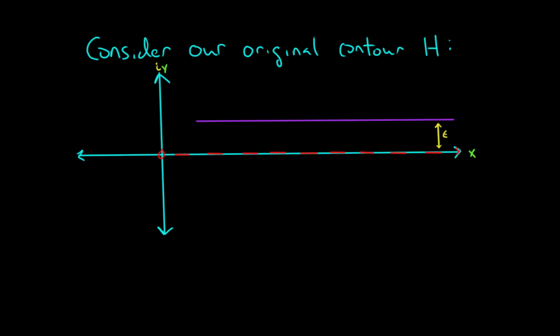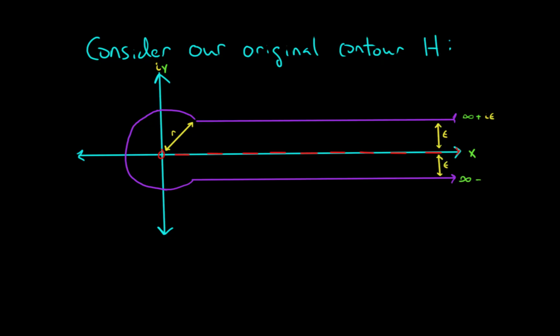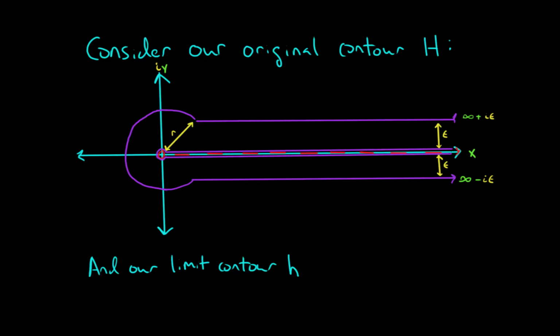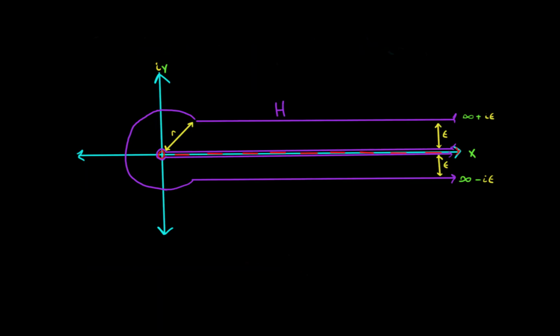We start out at the point infinity plus i times epsilon, and we move in towards the origin until we get some distance r away from the origin. Then we circle the origin in the counterclockwise direction, and then we go back out towards the point infinity minus i times epsilon. That's our Hankel contour. Okay? And now we can draw our limit contour as we allow epsilon and r to go to 0. So I'll label the large contour capital H, the Hankel contour, and the limit contour lowercase h.